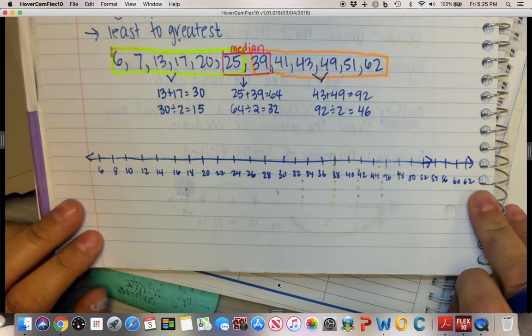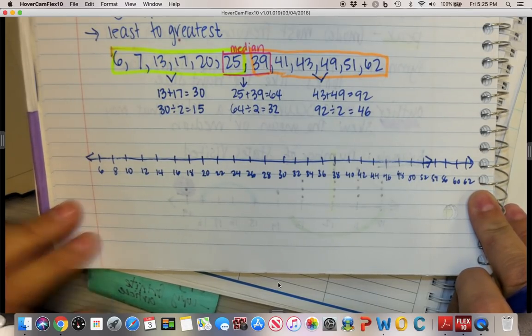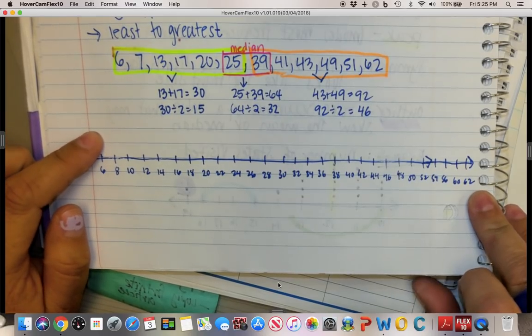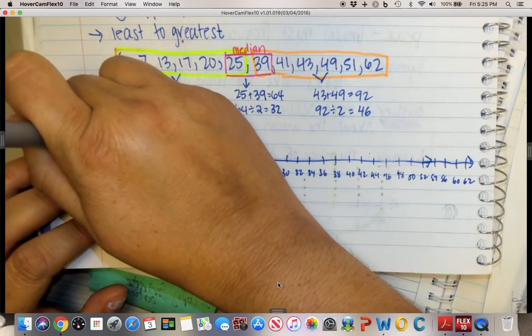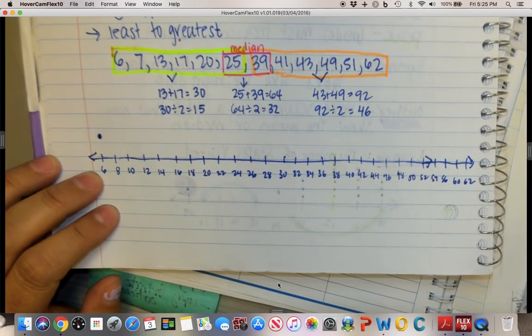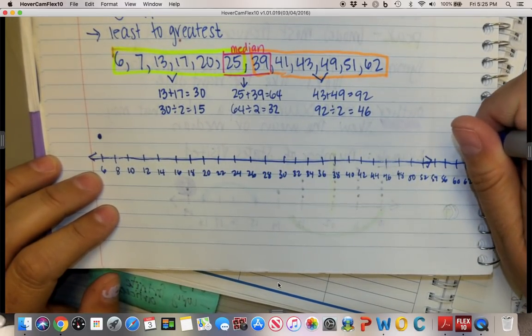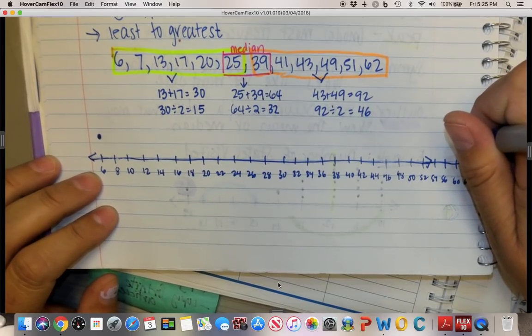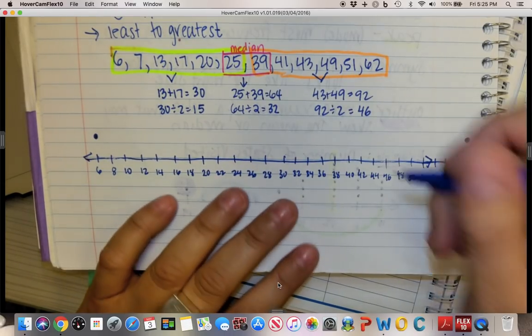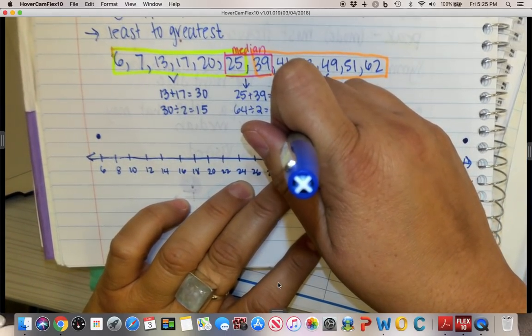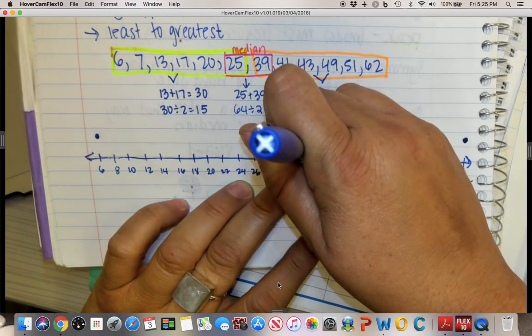I put a dot above the lowest and above the highest. Then I'm going to take the median and put a line where the median is. So here's 32. I'm going to make a line.